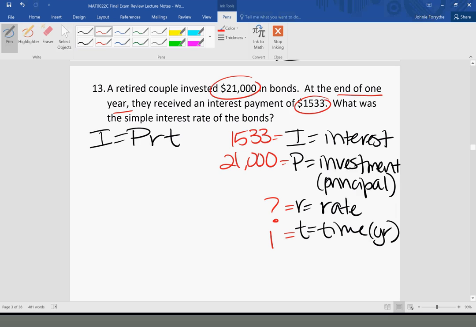So let's plug our numbers into the formula. 1,533 equals 21,000 R times 1, so it's just 21,000 R. We are trying to solve for R, so we're going to divide by 21,000.